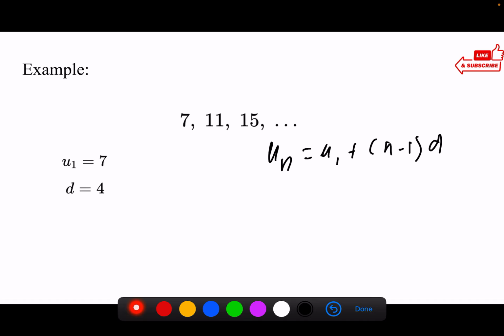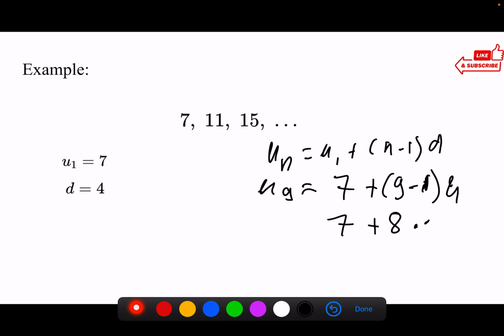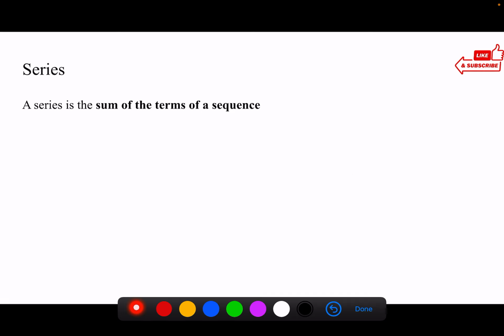Say we wanted to find the ninth term of this sequence. u sub 9 would be equal to 7 plus 9 minus 1 times 4. So 7 plus 8 times 4, 7 plus 32, which is equal to 39. So the ninth term of this sequence would be 39.